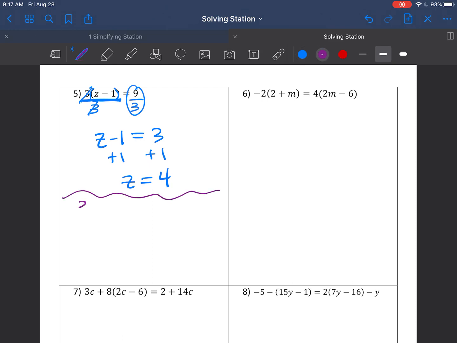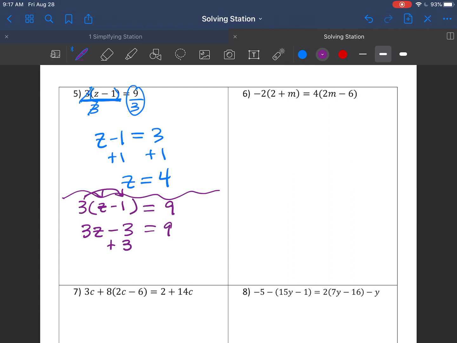Another option, and I always put a little bar on my z's, otherwise they tend to look like 2's, so that's why you see a little bar there. The other option is to distribute. We recognize that as a distribution problem, so if I distribute the 3, I get 3z minus 3 equals 9.